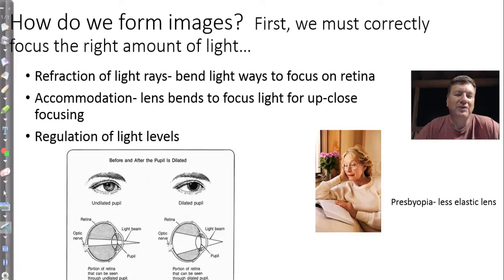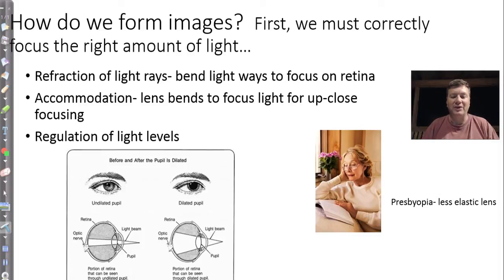And the other area we have to handle to really get an image formed properly is to regulate light levels. And again, that's the purpose of the iris and the pupil. You see here an undilated pupil versus a dilated one.